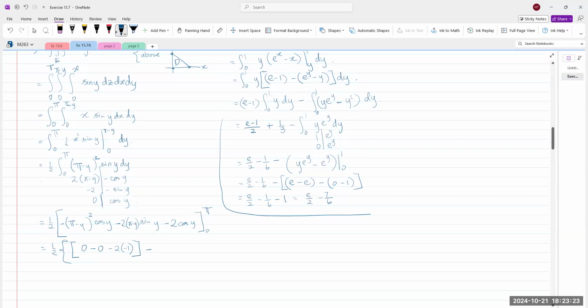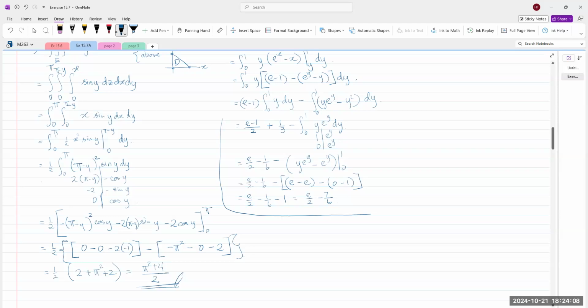For the 0, that will be negative pi squared plus pi. I'm sorry, minus y0 is 0 minus 2. Okay, so that's 1/2. This is 2 plus pi squared plus 2. Okay, so pi squared plus 4 over 2.